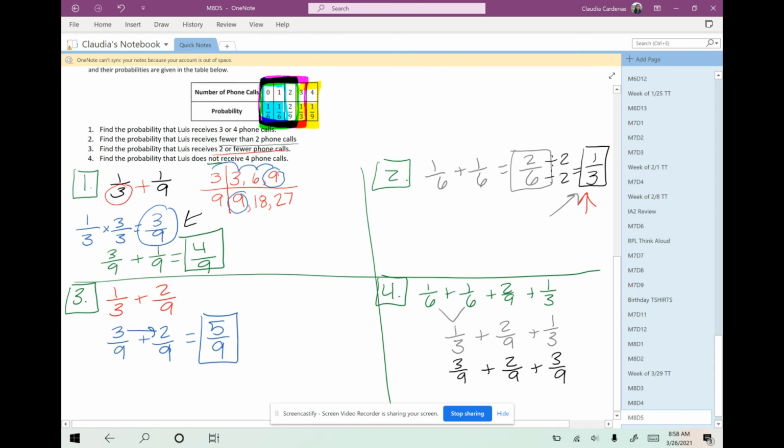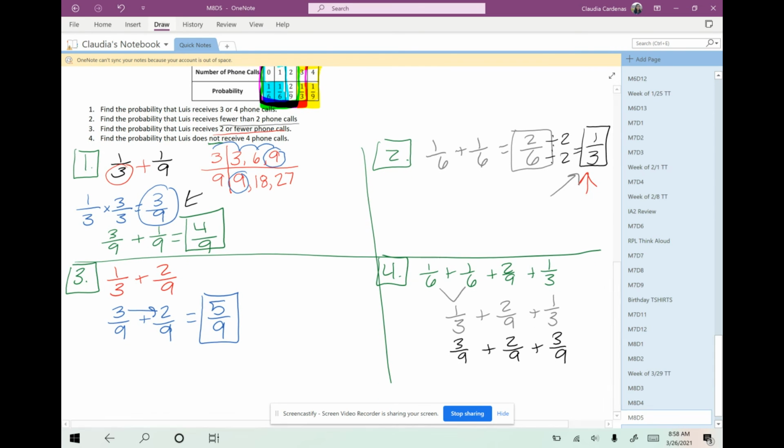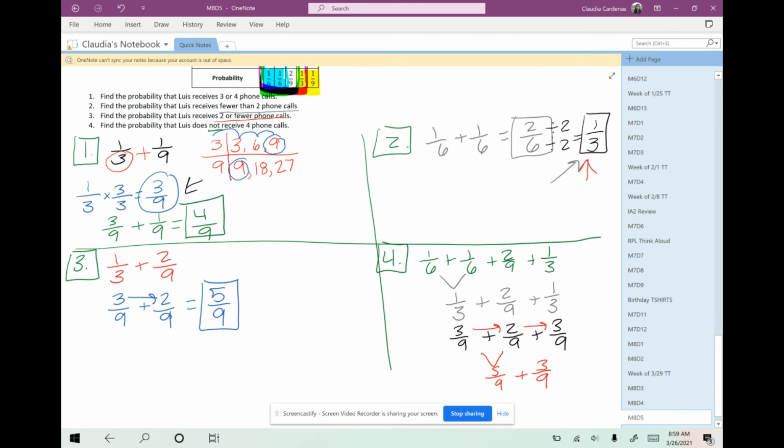And so now they all have common denominators, so we can go ahead and add the numerators together. So 3 plus 2, which is 5/9, plus another 3/9 will get us 8/9. So again, adding the numerators together. And we can't simplify this fraction, so we're going to leave it here as 8/9.